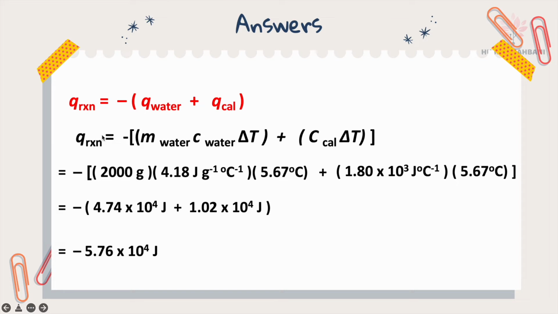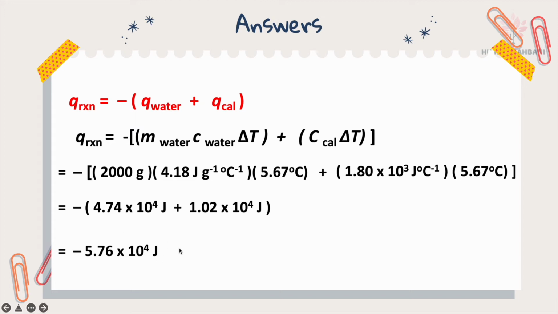The formula for Q water is mass of water times specific heat capacity of water times the temperature change. So just substitute all the values, plus Q calorimeter, which is heat capacity of calorimeter times the temperature change. The heat capacity of calorimeter is given in the question, and then you will get the answer of negative 5.76 times 10 to the power of 4 joule.